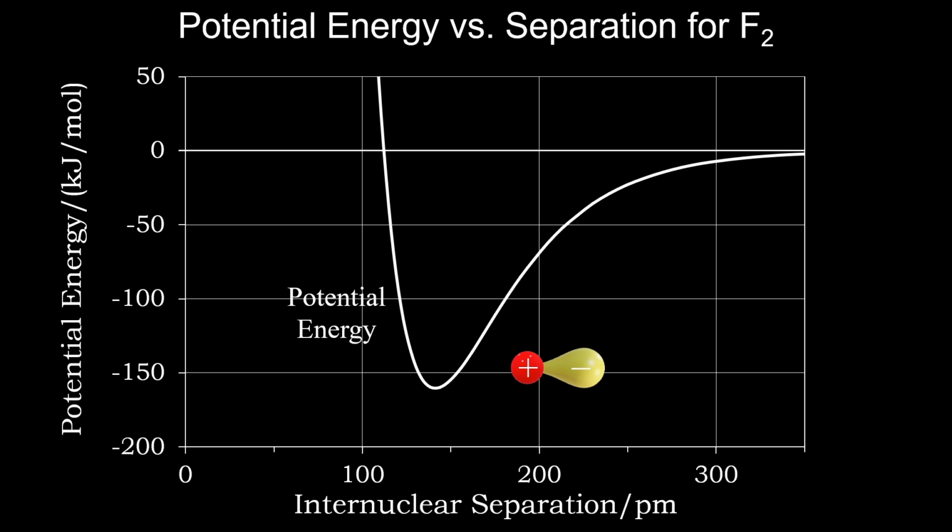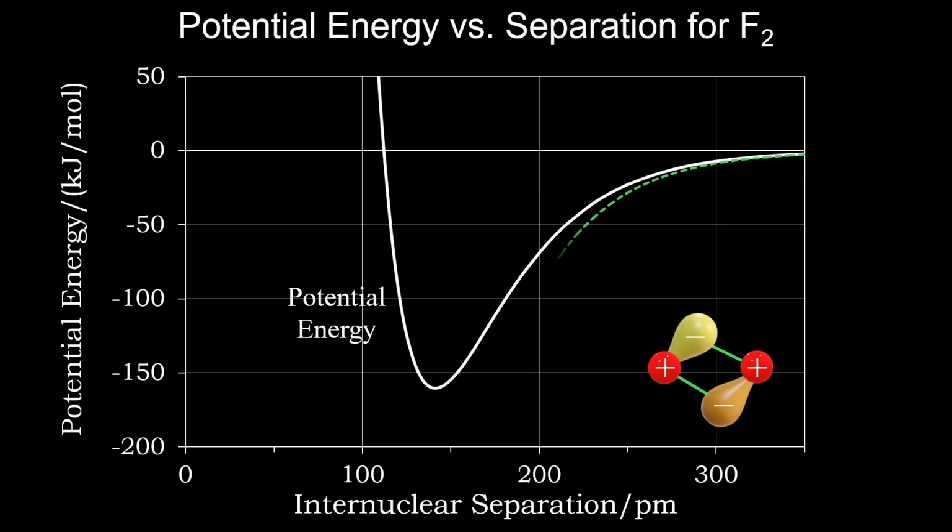If a second atom is present, the atoms will be attracted by the opposite charges of the nucleus on one atom and the electron on another. The green lines represent the attractive force between opposite charges. This attractive force becomes more attractive as the atoms get closer together.